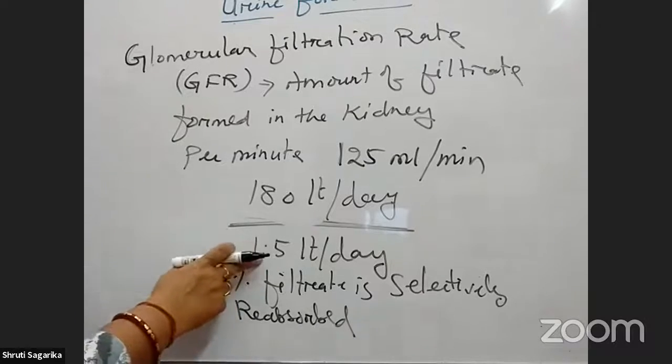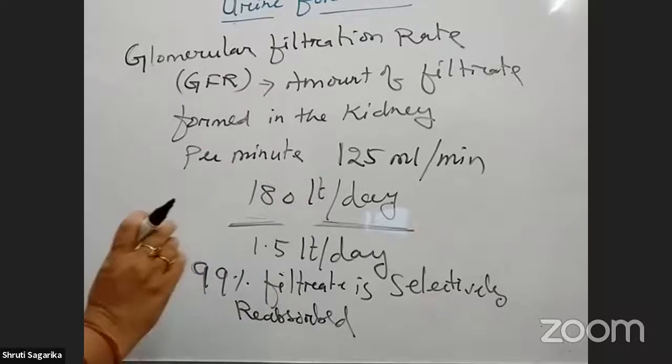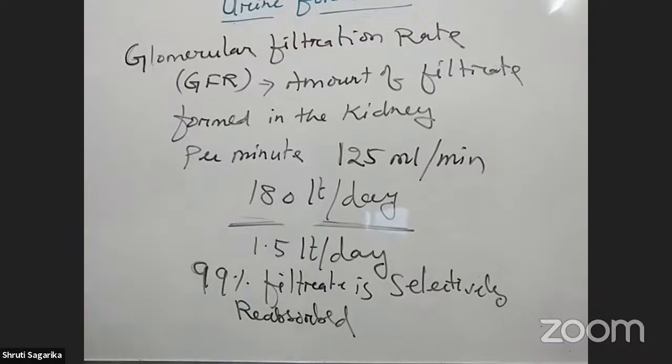If it is 1.5 liter per day, but filtrate is 180 liter, 99.9 also we can say, that is reabsorbed. Okay, so very less amount is excreted. 99.5 or something, that will be reabsorbed.